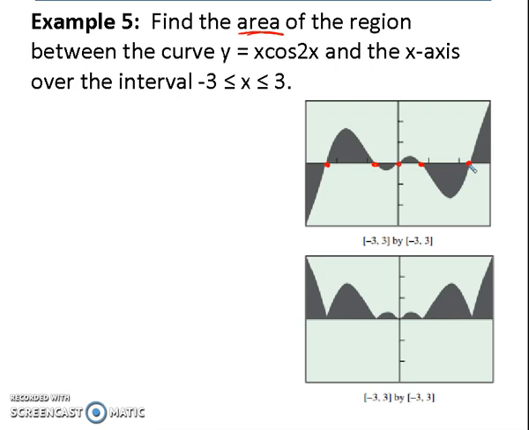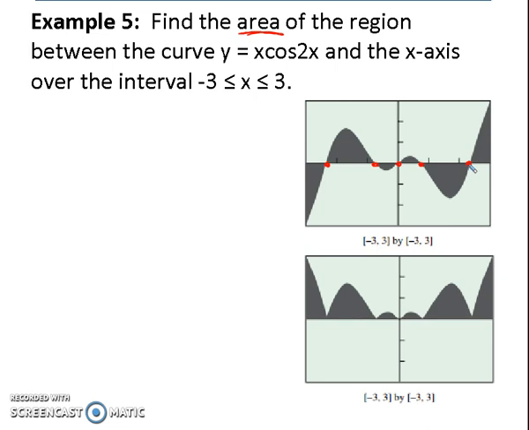So that would require 6 different integrals. The 3 pieces that are below the x-axis, when I find them individually, I would then need to make them positive. So we think about how we could go about that with a calculator, because obviously with this function x cosine 2x, we would probably need to use a calculator to find where those zeros are.